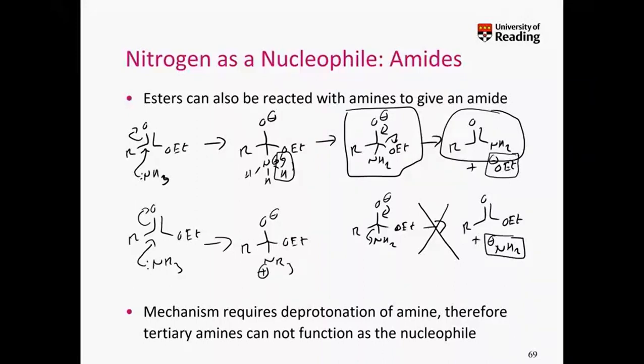You don't have a proton there to deprotonate to help push the reaction forward to the amide product. So tertiary amines cannot act as a nucleophile in this particular reaction mechanism.